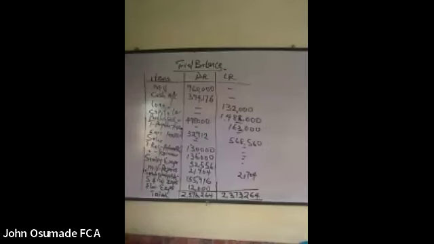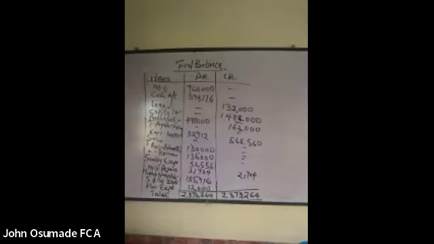Then any other thing that is not cash transaction and is not credit sales transactions or credit transactions, you use JV to treat them, like correction of errors.